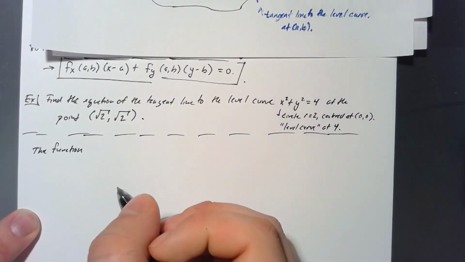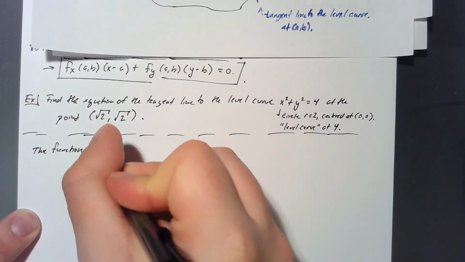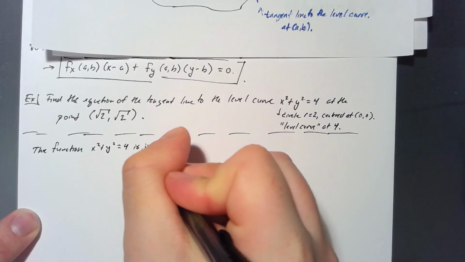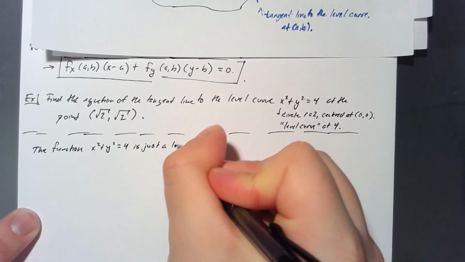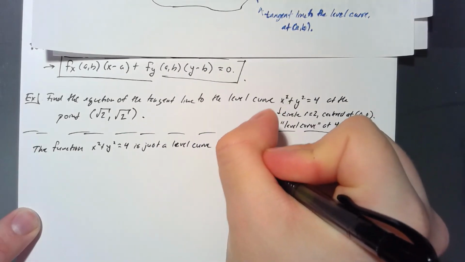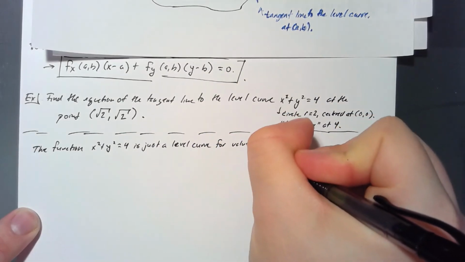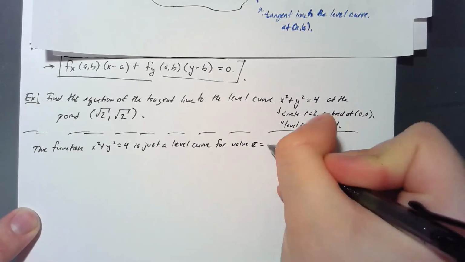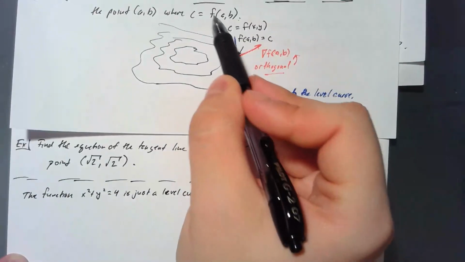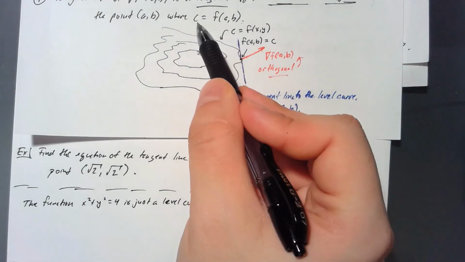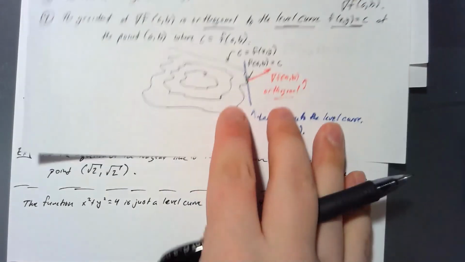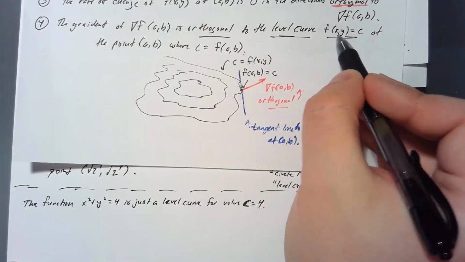The function is just a level curve for the value c equals 4, because a level curve is where the function equals some particular value. That's what a level curve represents. But I don't want that, I just want the function itself.